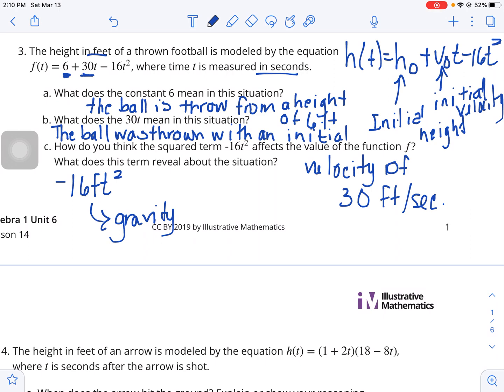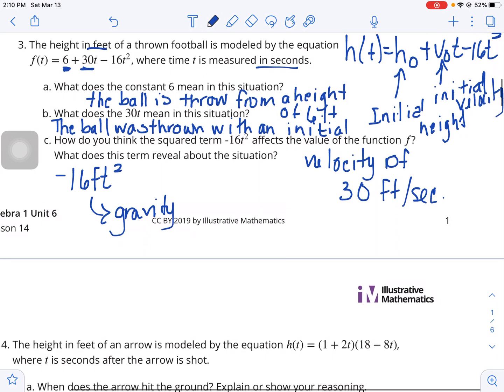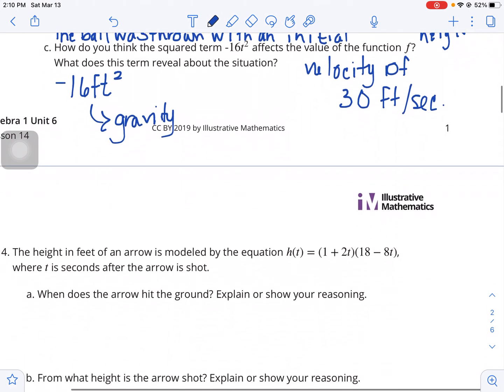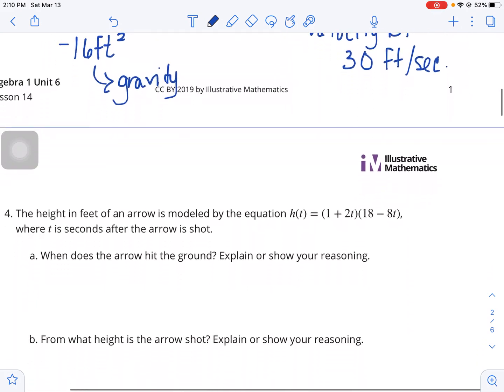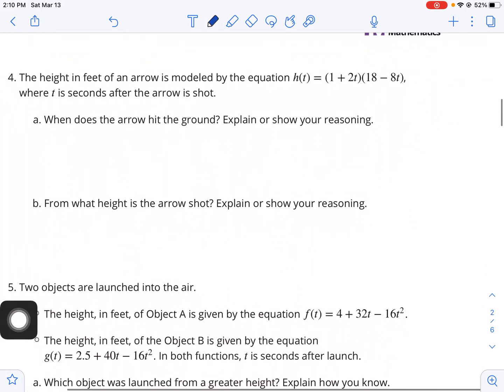And then, that's pulling it down at 16 feet per second per second. So that's why it's accelerating. So the gravity accelerates as the ball gets closer to the ground.